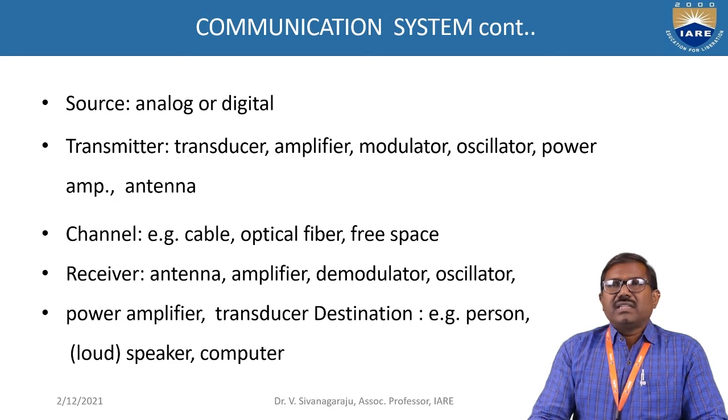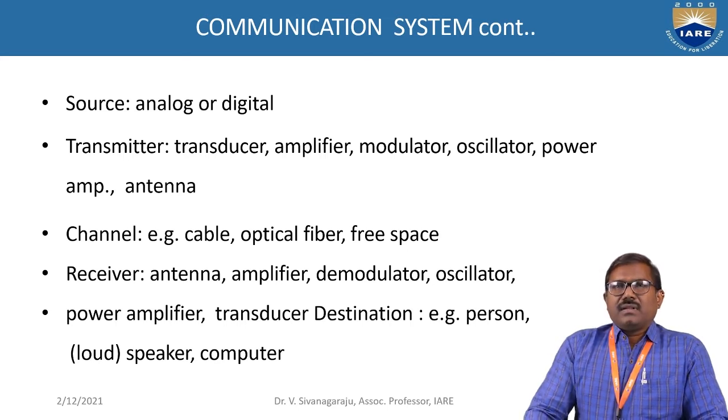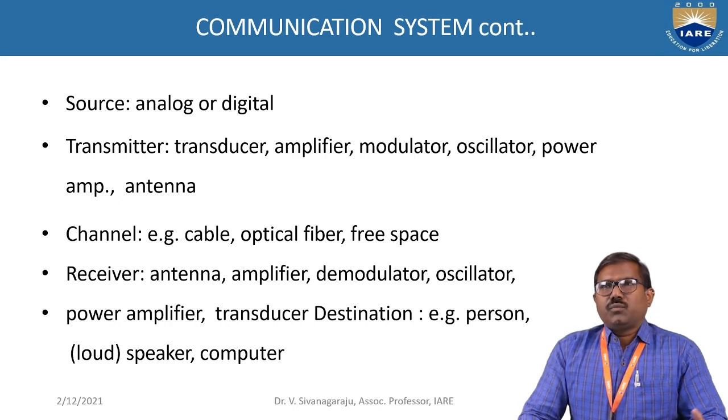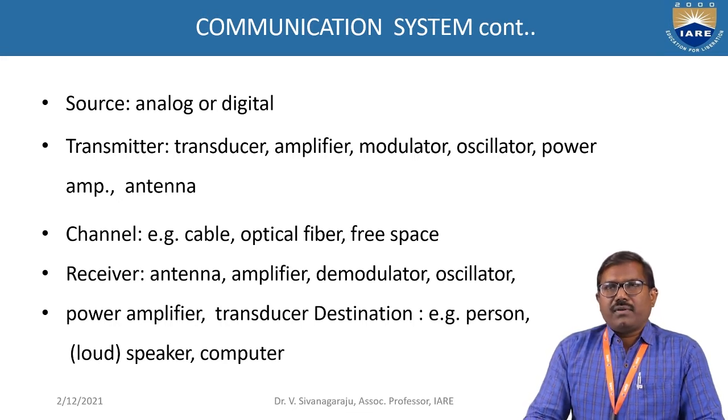Then the signal is amplified and applied to the modulator, where the modulation is done. In the coming slides, we are going to discuss what modulation is. After the modulator, it is amplified again and finally given to the antenna, which radiates the signal into space.